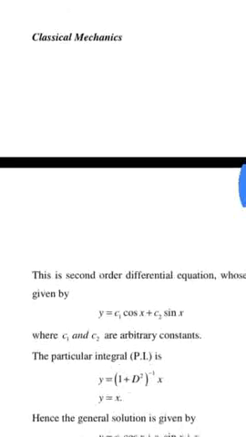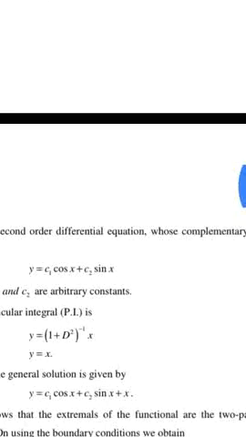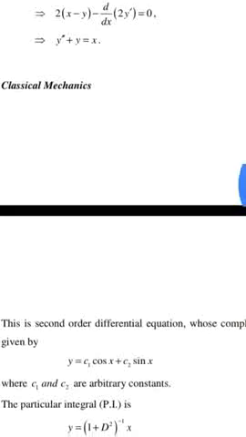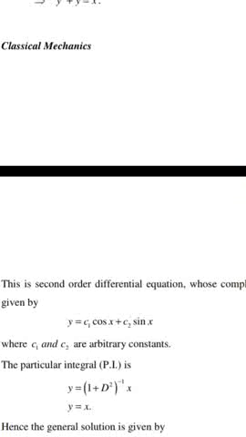This is a second order differential equation whose complementary function is given by y'' + y = 0, D² + 1 is equal to 0. Therefore, D is equal to ±i. Therefore its roots are imaginary. Therefore, the complementary function is y is equal to c1 cos x plus c2 sin x, where c1 and c2 are arbitrary constants.